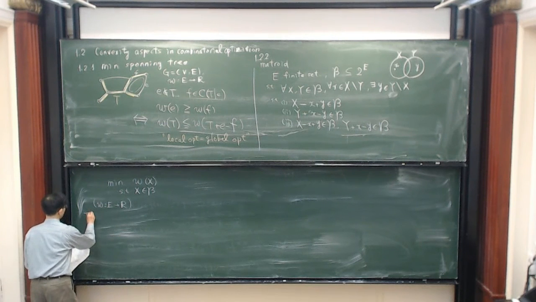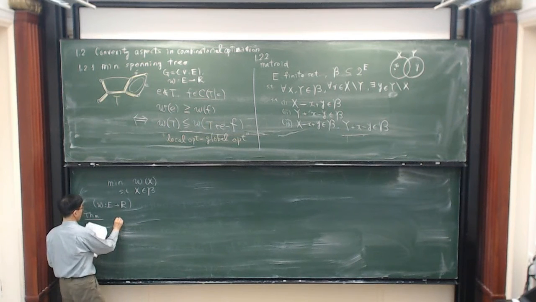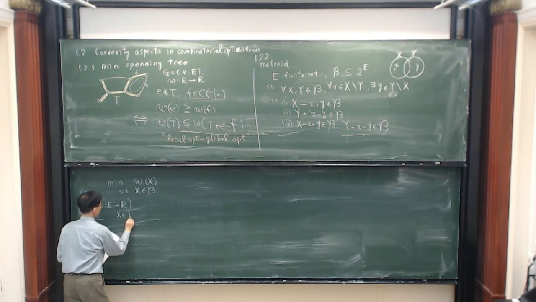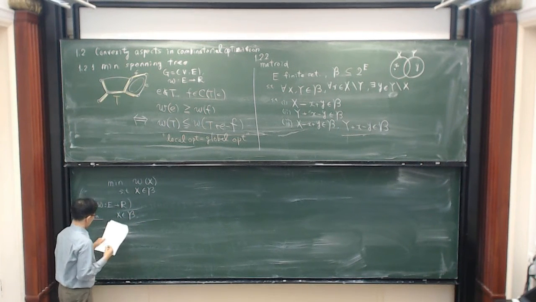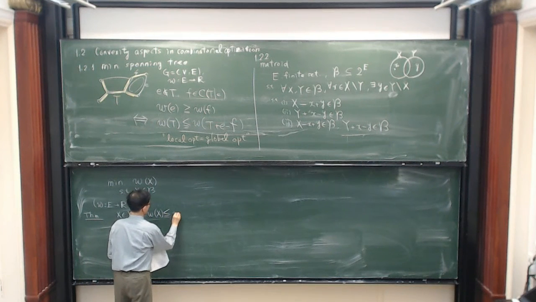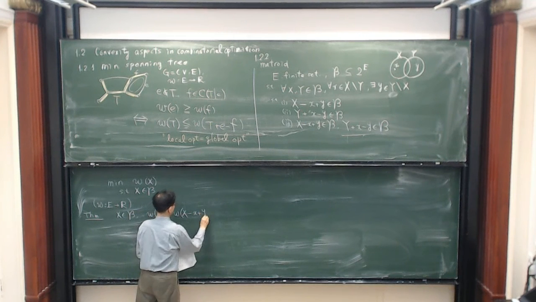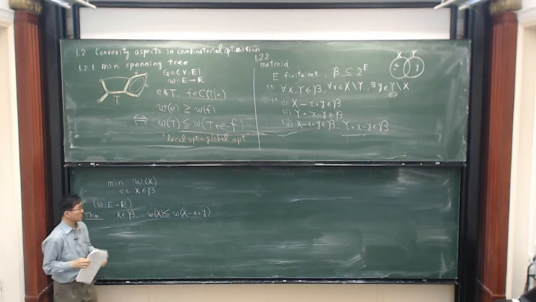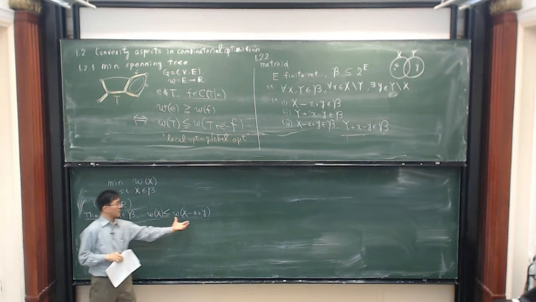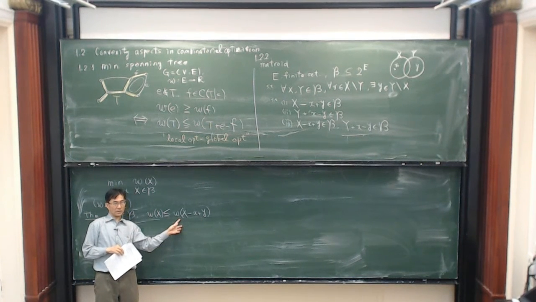Okay, so the theorem says: if x is a base and x is smaller than any neighboring base, so our convention is that if this is not a base, then this value is plus infinity.